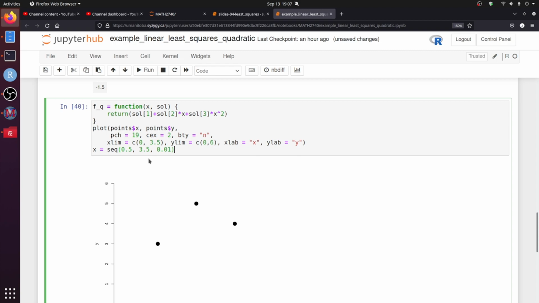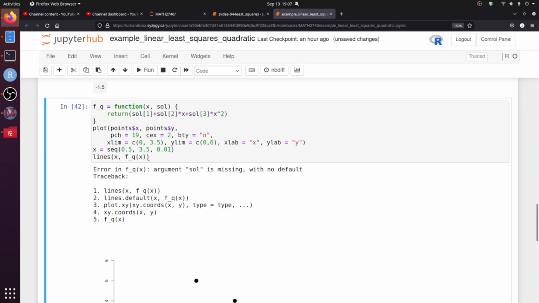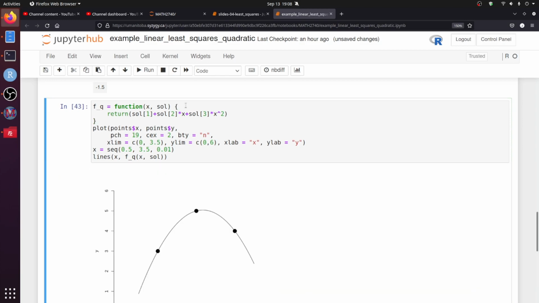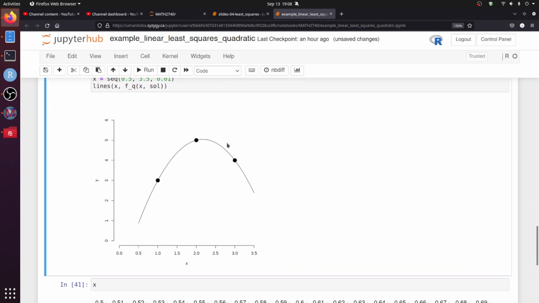What I have here is a line, so I'm going to use lines. I need to plot x and fq of x. Oh, I forgot solution as an argument. Okay, fq of x and solution, because it doesn't know what solution is. Let's evaluate this. Oh, this is looking quite good.